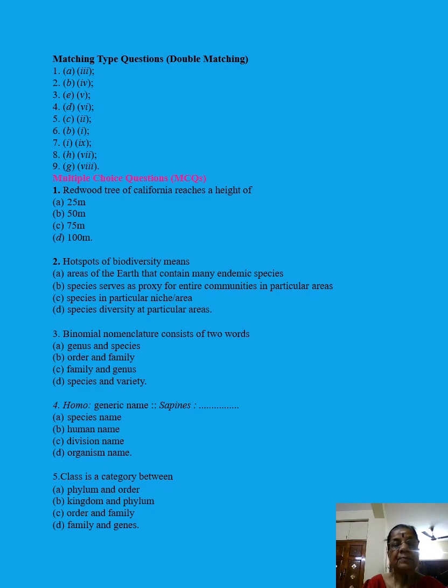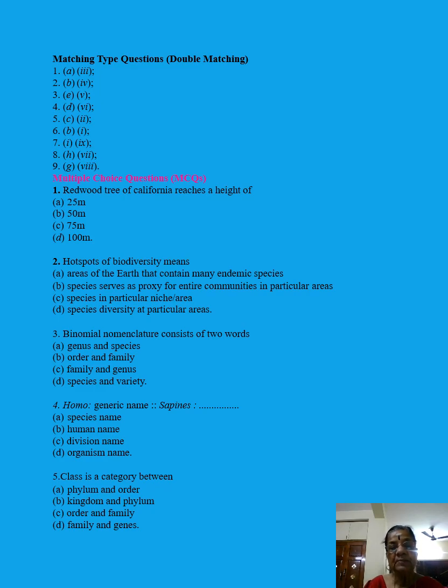Answer note பண்ணிக்கோ. Then binomial nomenclature consists of two words, genus and species. And Homo sapiens.